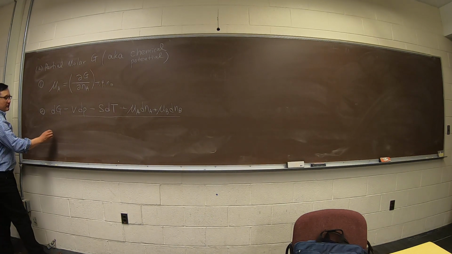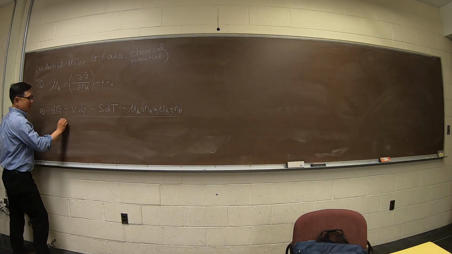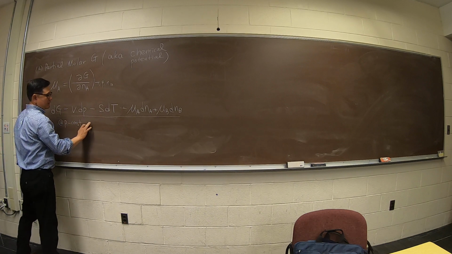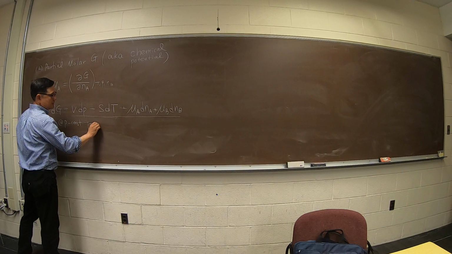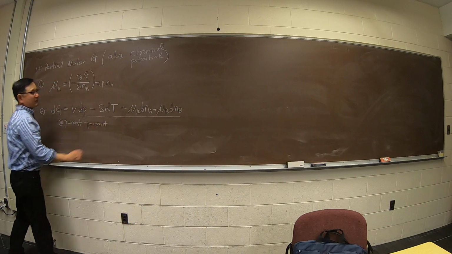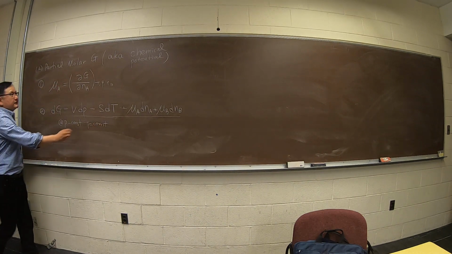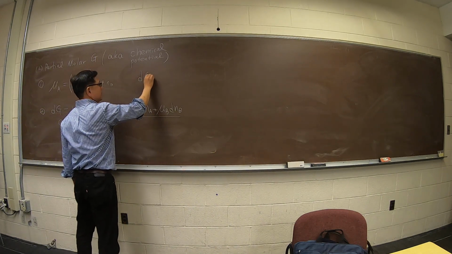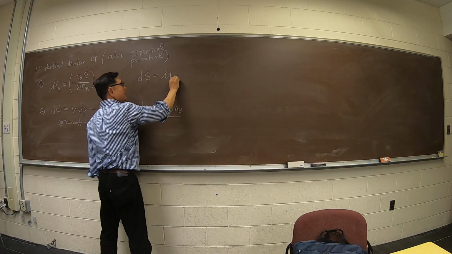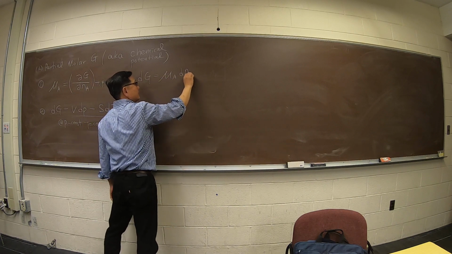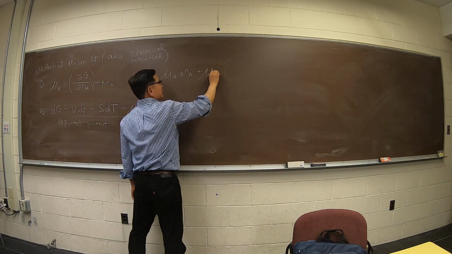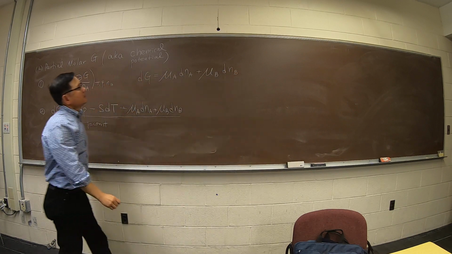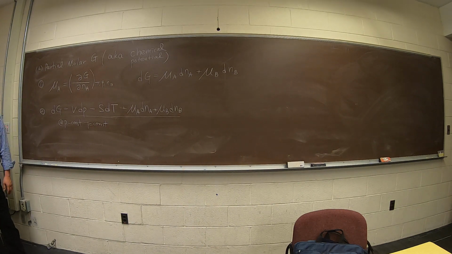And when pressure is constant and temperature is constant, isothermal, you start to see it looks awfully similar: dG is mu A dNA plus mu B dNB. It looks like a partial molar volume scenario.